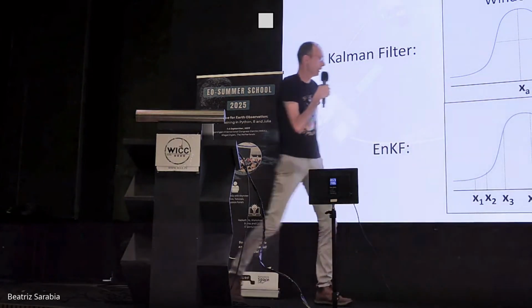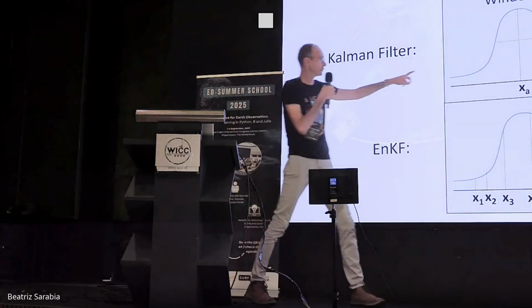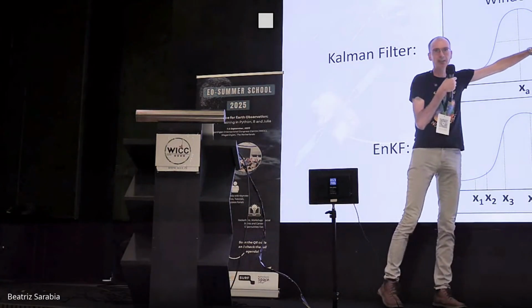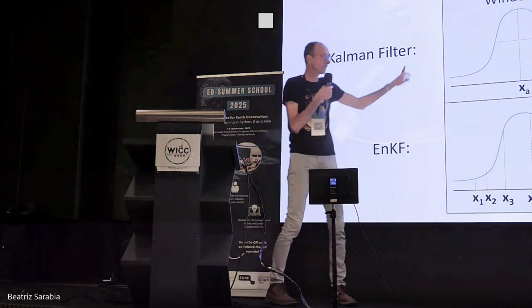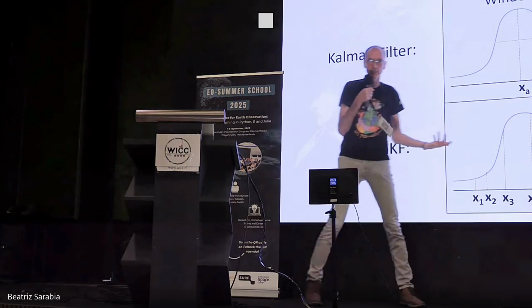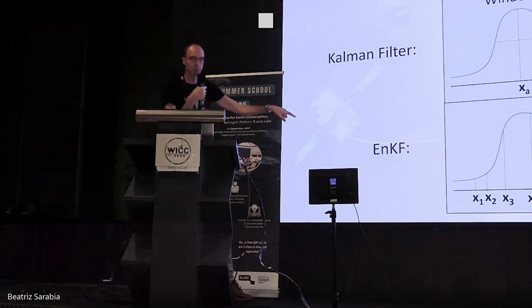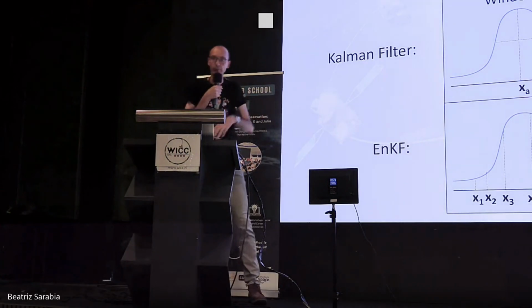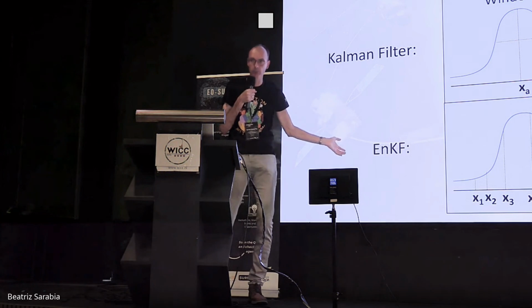In the case of ensemble Kalman filtering, you don't store this whole distribution, but rather you sample it in an ensemble of trials. You do it at random. This is a 1D case for one parameter, but of course you have a vector of many parameters.